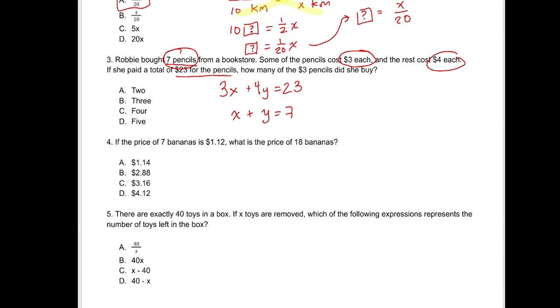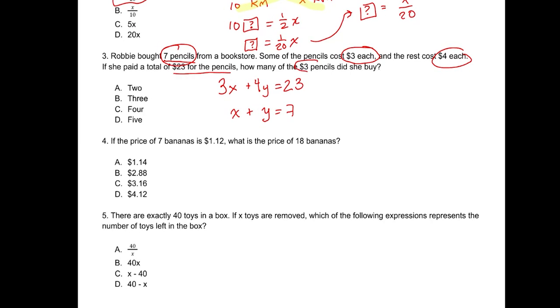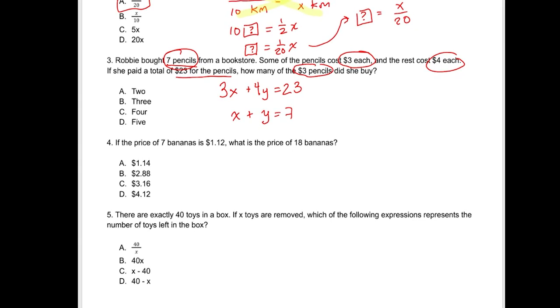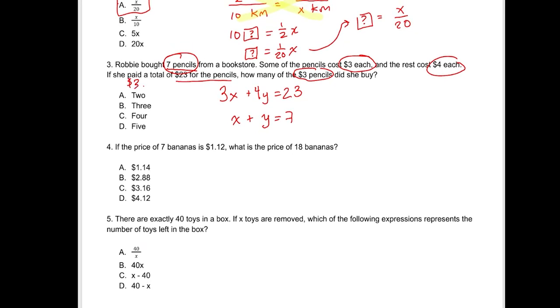So if the question's asking for the number of $3 pencils she bought, these answer choices are for the number of $3 pencils, right? And if we know that there's a total of 7, we could also fill this out for the $4 pencils, right? Because if there's 2 of the $3 pencils, there would have to be 5 of the $4 pencils because there's a total of 7.